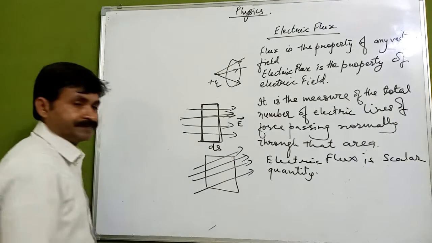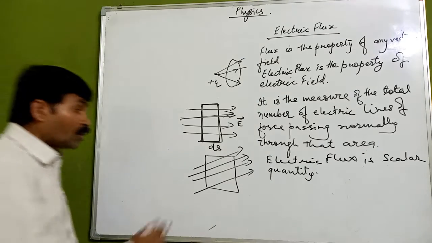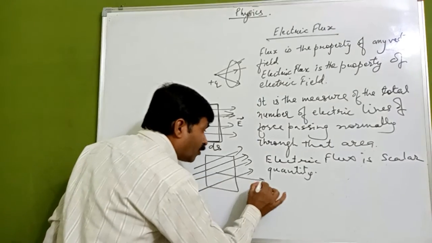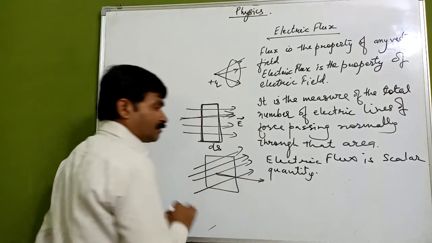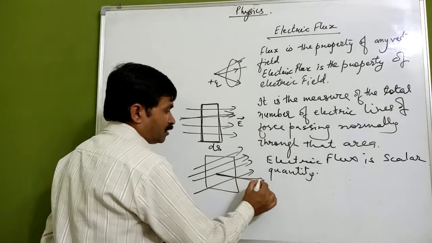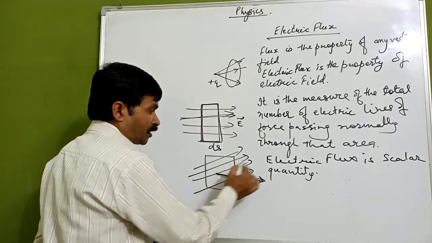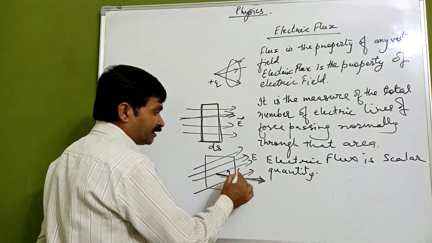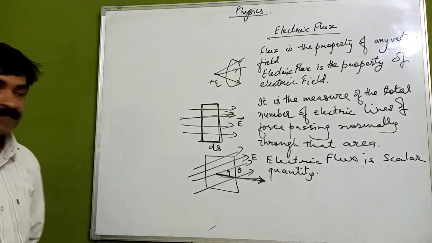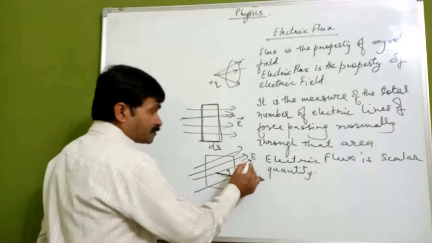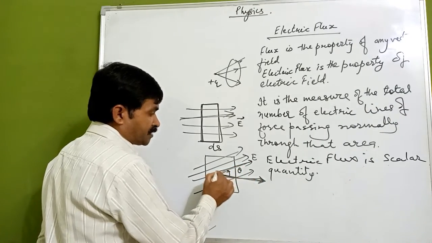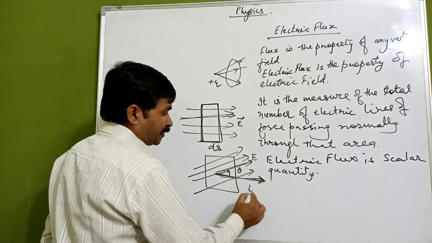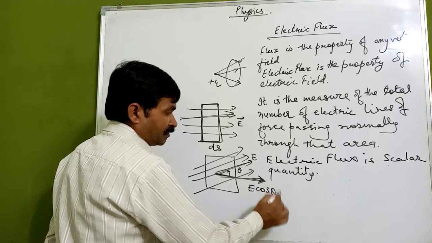Now what will happen? Here, this is the normal, I have taken one. Now if this electric field is making an angle theta with this normal, there will be a component E cos theta.